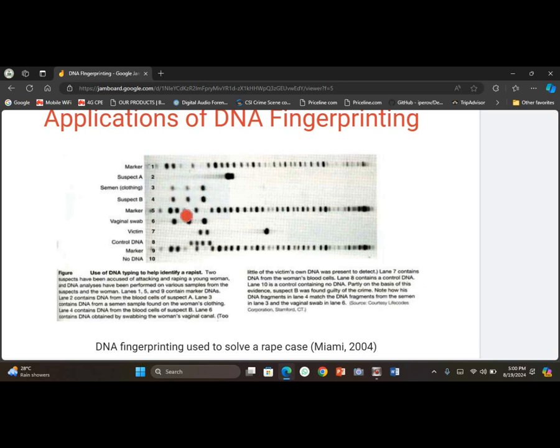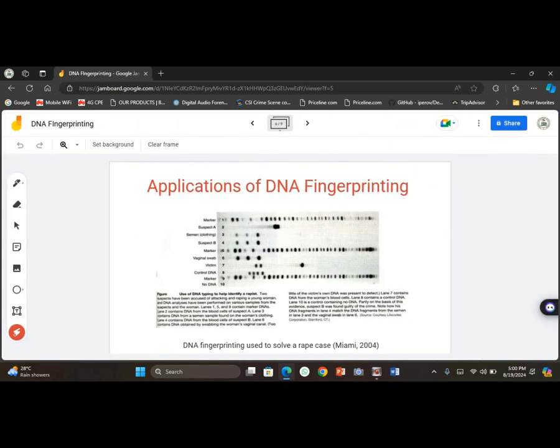The fingerprinting from each one of them is similar, which means the deposit on the private part of this victim is from the suspect. So that is a kind of result from fingerprinting. That's a way of applying the knowledge of fingerprinting to solve a rape case.